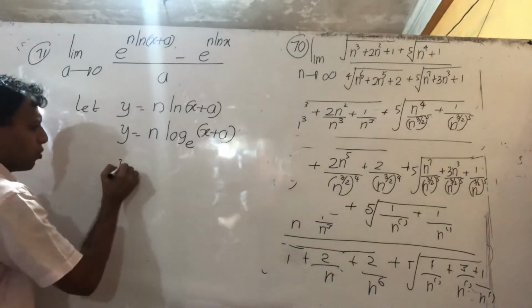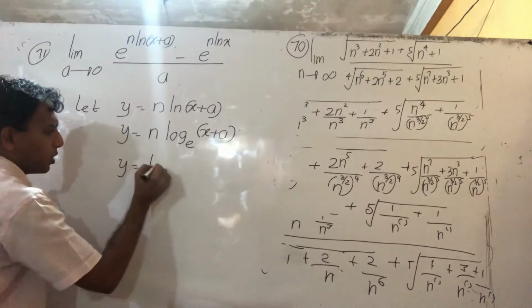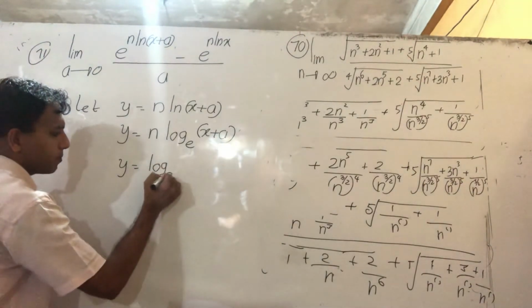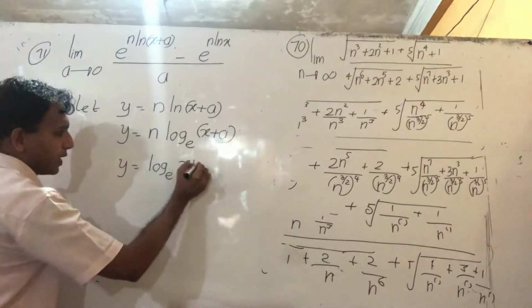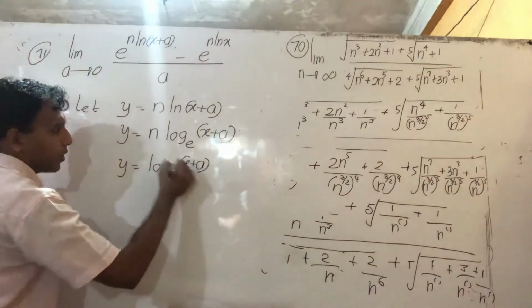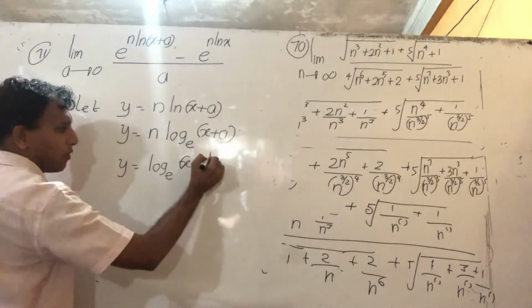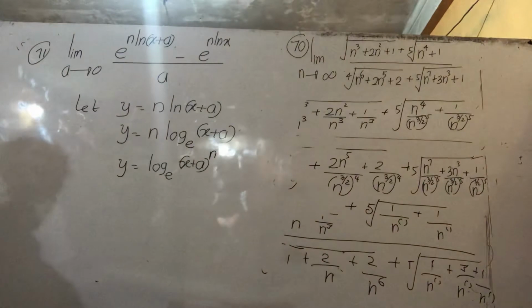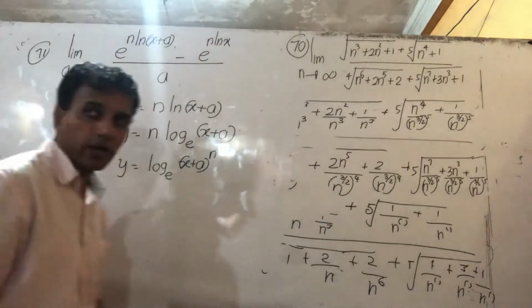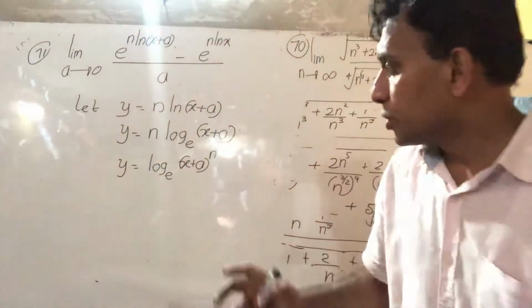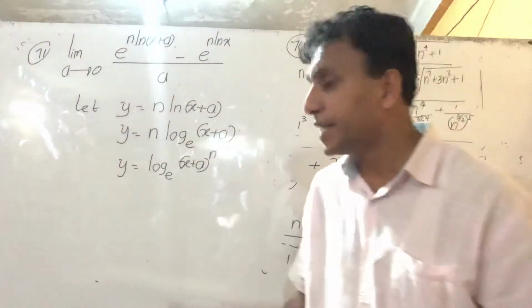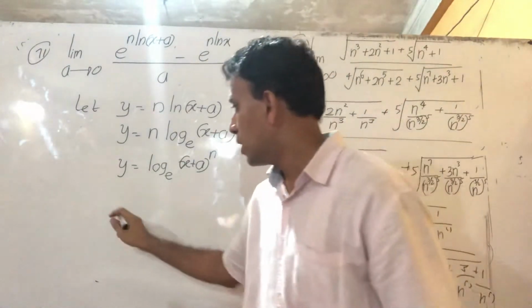Logarithm, if I say log, the base is e. Next, y equals logarithm base e of x plus a. You know the logarithm rule: it can be shown as a power. This is the logarithm part, so try to show the indices pattern, the power pattern.